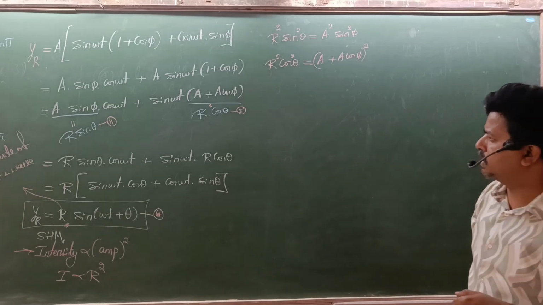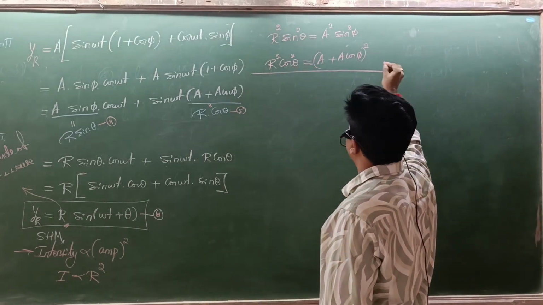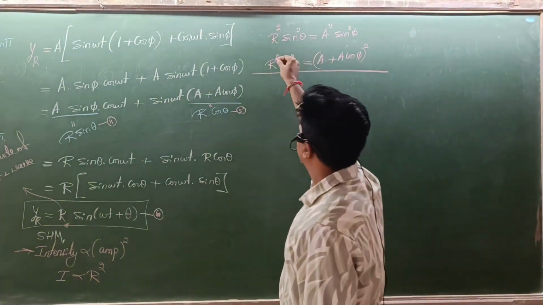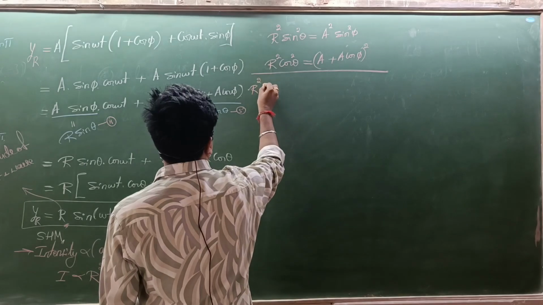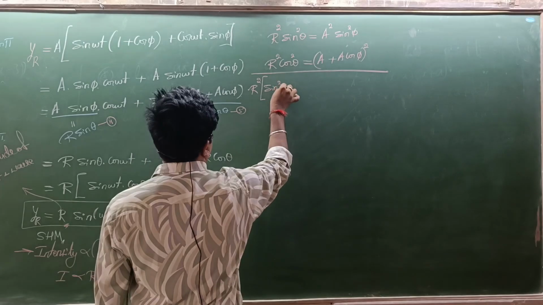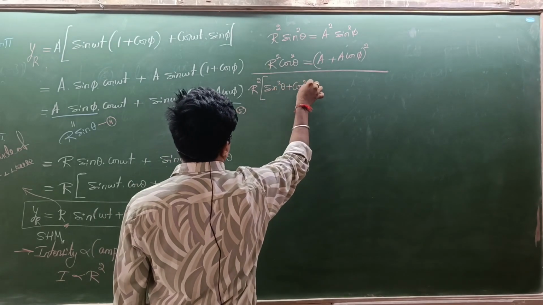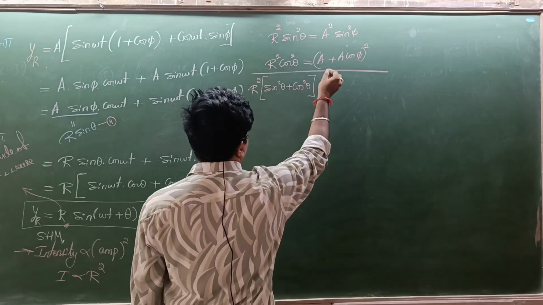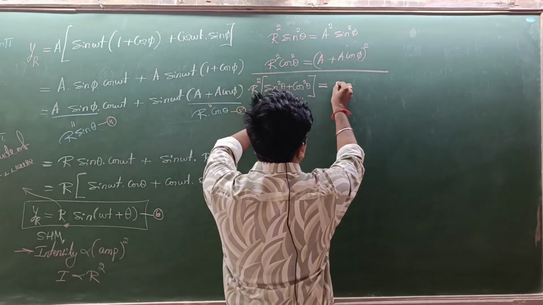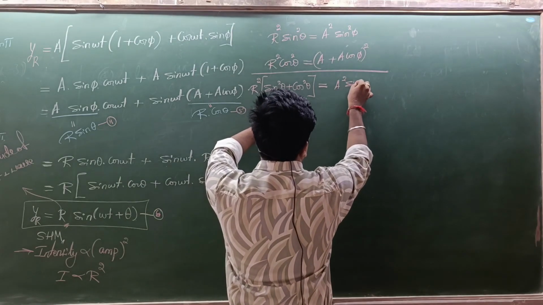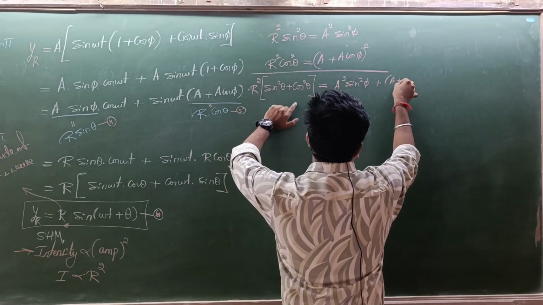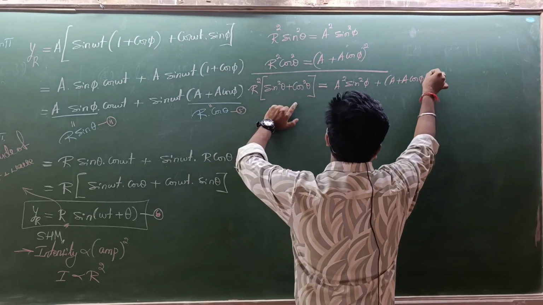Adding these two expressions, by adding we get r square as common. Adding, taking r square common, what remains? sin square theta plus cos square theta is equal to A square sin square phi plus A plus A cos phi whole square.